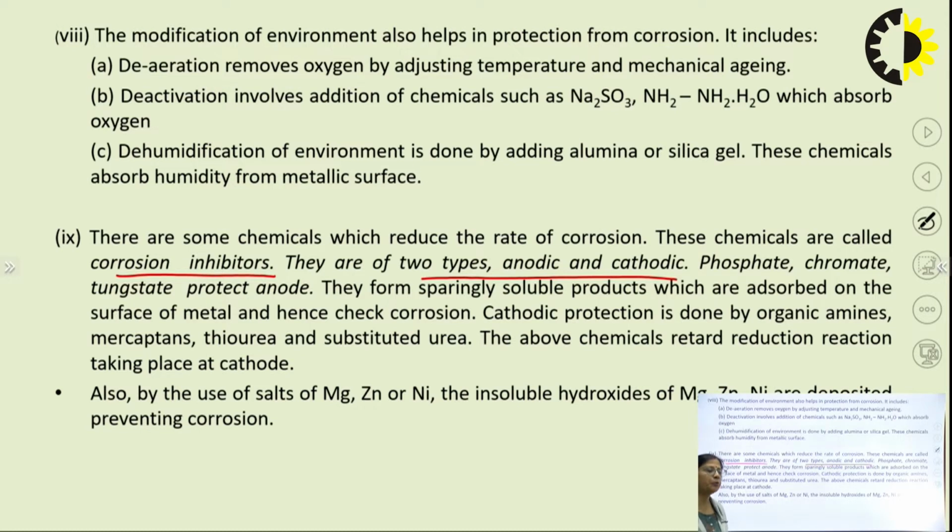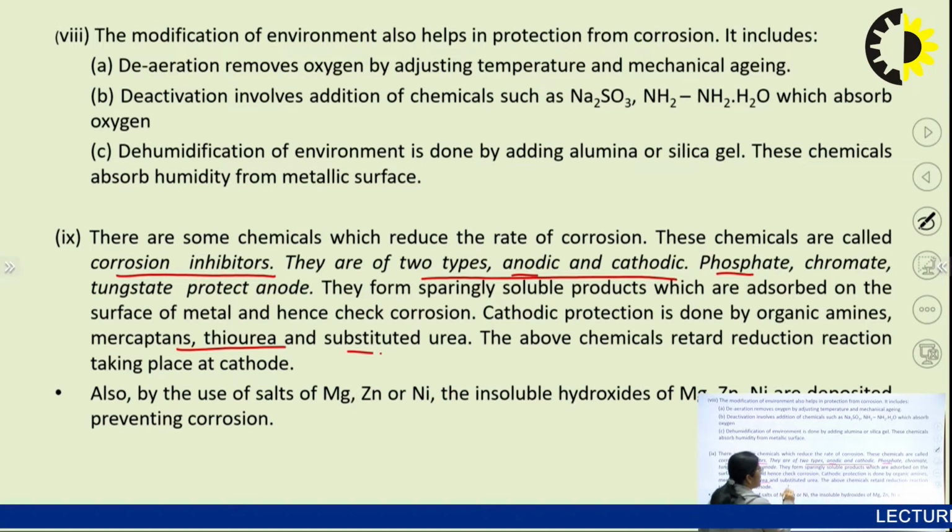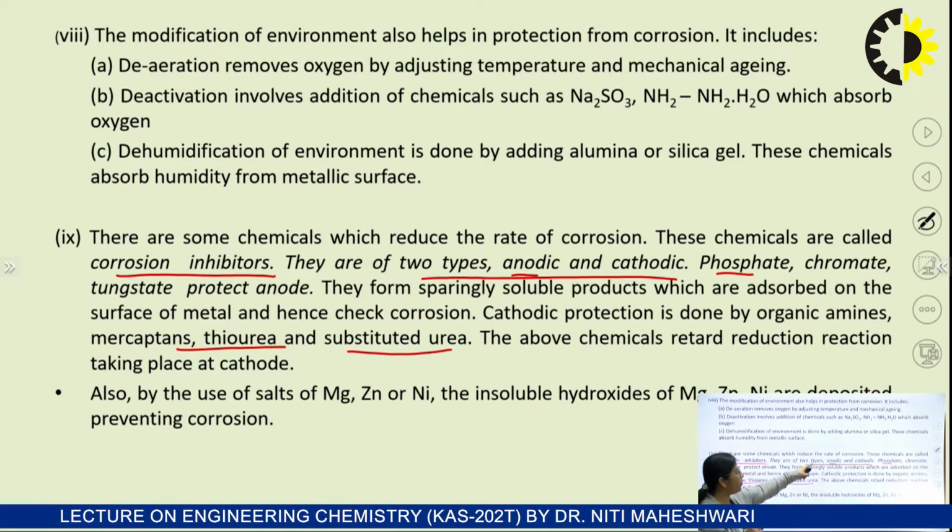They react with the ions which are formed at the cathode or anode, and they get adsorbed over the surface. So these inhibitors, like phosphates, chromates, tungstate, also thiourea and substituted ureas, are the cathodic inhibitors, and these are the anodic inhibitors.